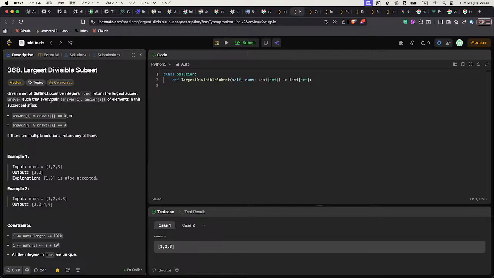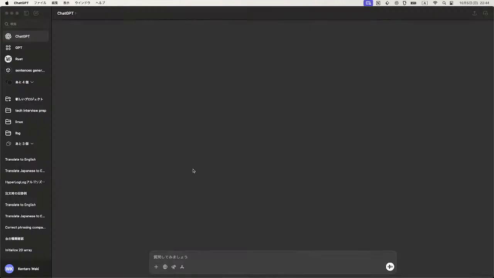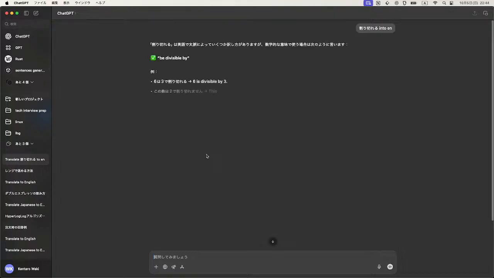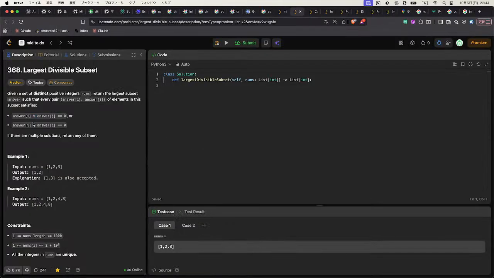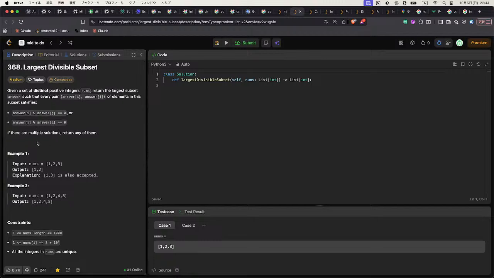Given a set of distinct positive integers nums, return the largest subset answer such that every pair answer i and answer j of elements in this subset satisfies: answer at i is divisible by answer at j, or answer at j is divisible by answer at i. If there are multiple solutions, return any of them.